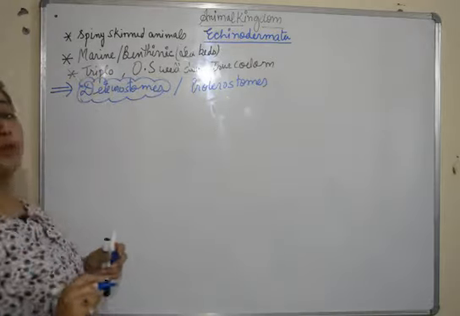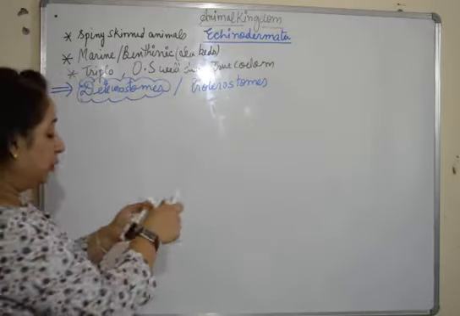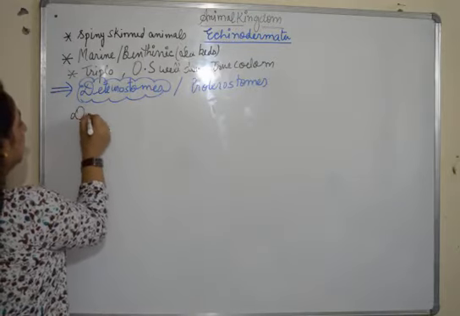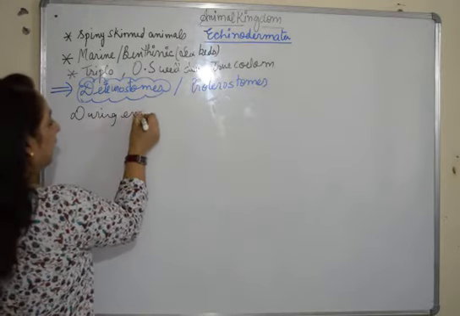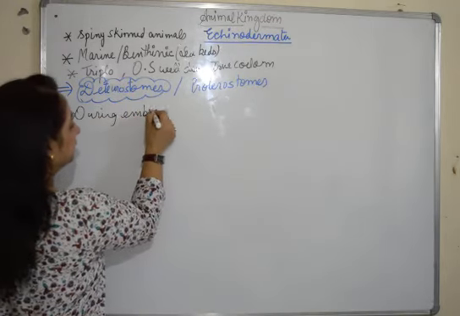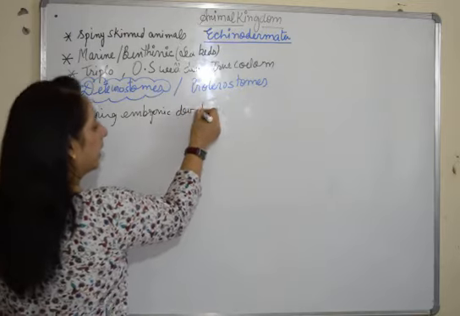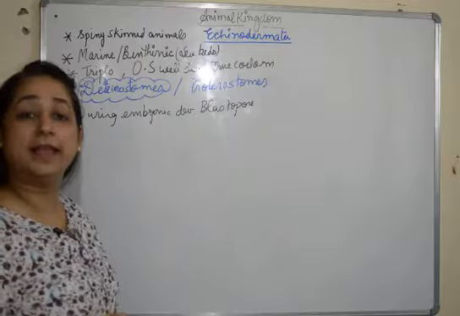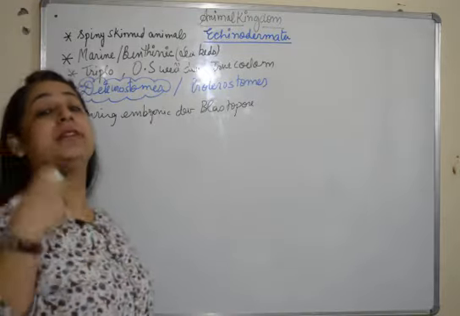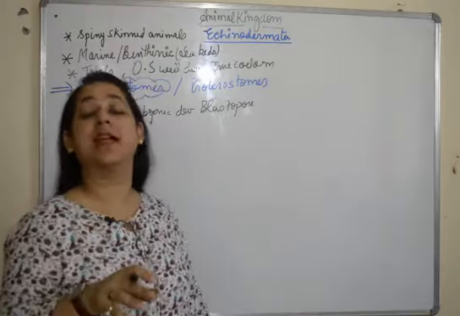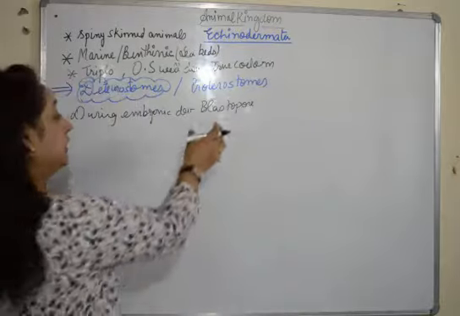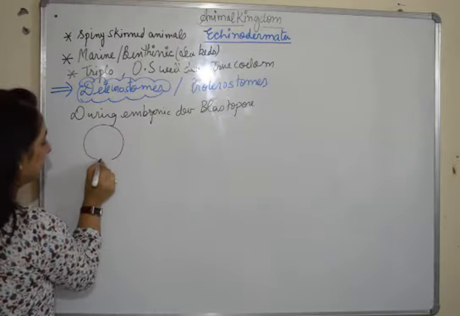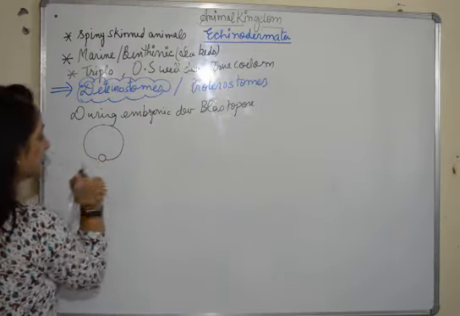What are these? First of all, during embryonic development, I'll write just the pointers here, a blastopore is a structure which is formed. This blastopore either gives rise to the anus or it gives rise to the mouth. During blastula formation, this blastopore is found.